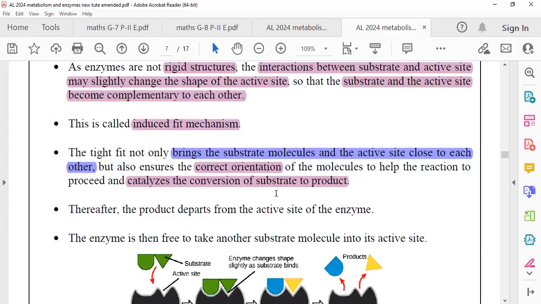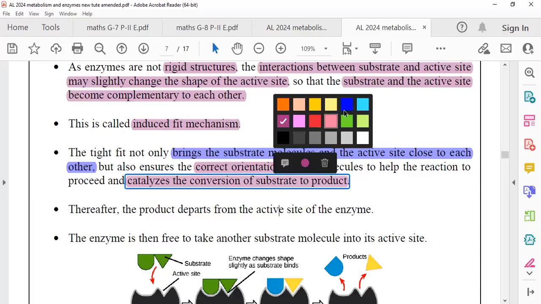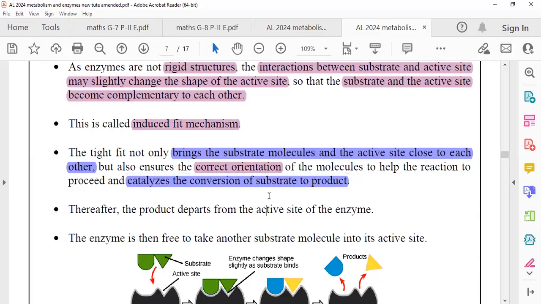Brings the substrate molecules and active sites close to each other. Is it understandable? Yes, sir. Second, catalyzing the conversion of substrate to the product. Catalyzing means reducing the activation energy. Is that understandable? Yes, sir.